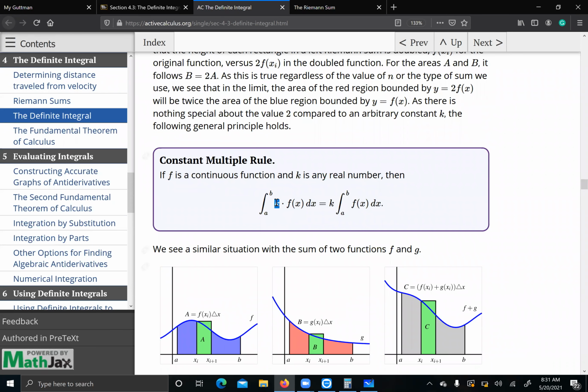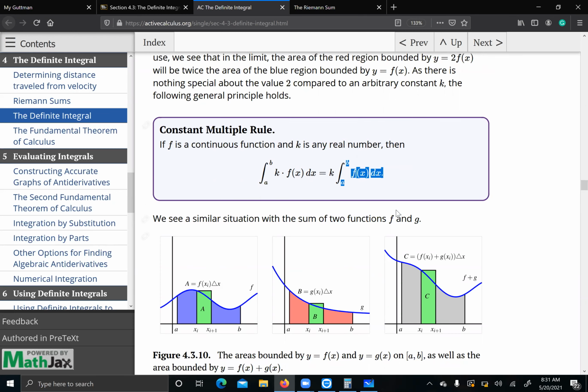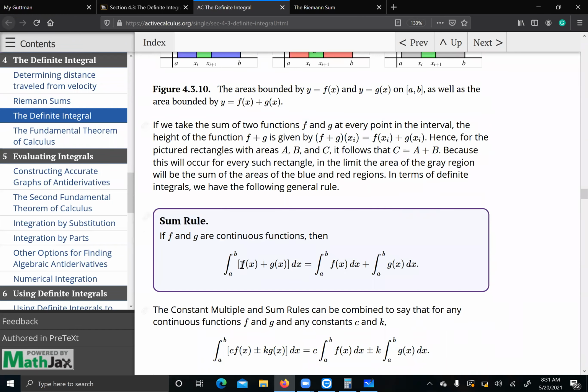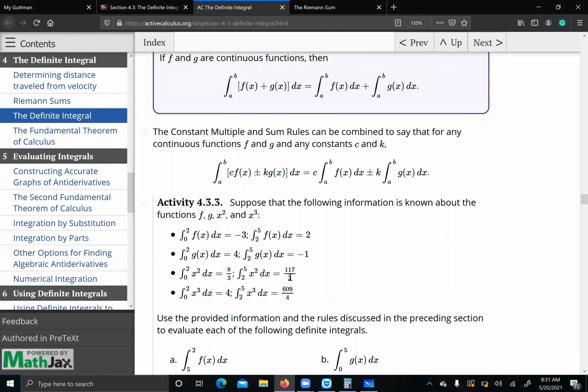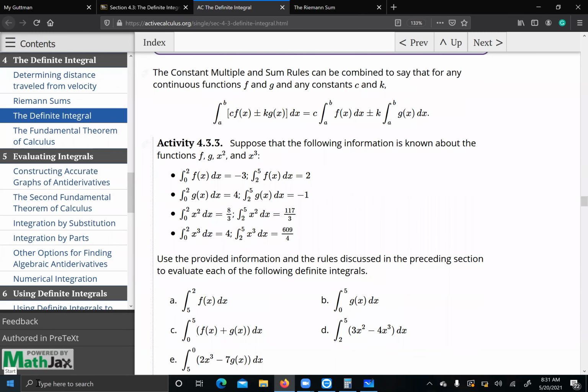If a function is multiplied by a number, you can just carry that multiplier and then take the integral of f. And also, if you're taking the integral of a sum, it's the same as taking the integral of each individual function and then adding all together.